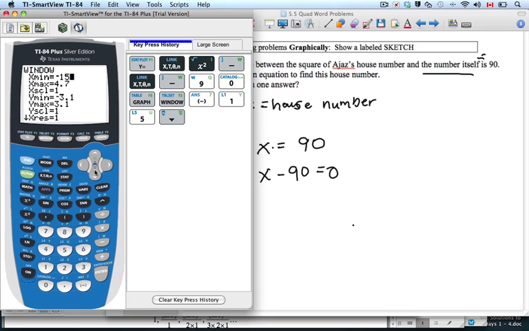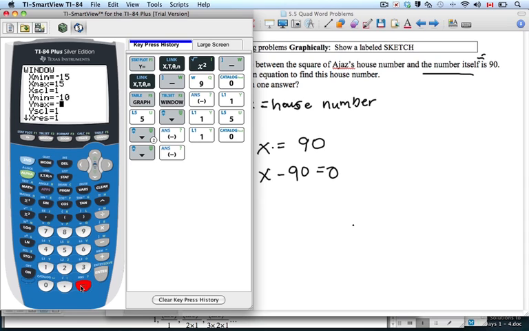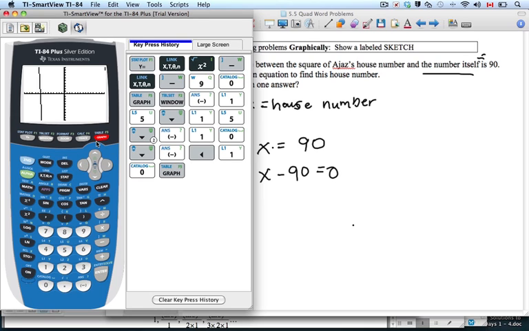We're just making up numbers here to try. Our y values can go, I don't know, -10 to 10. Now let's look at that graph again. There we go. Now we can see our two solutions are going to be where it hits the x-axis, so one solution being here and one solution being here.